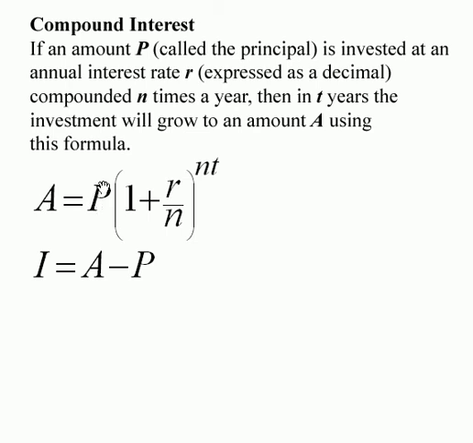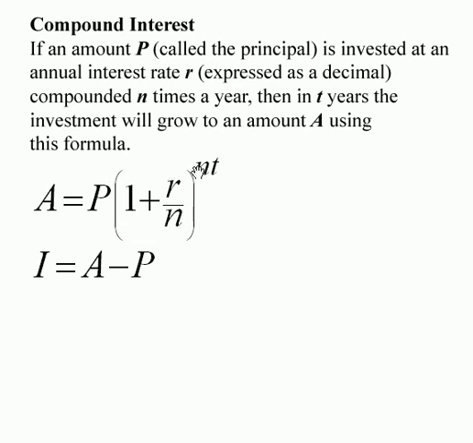A equals P times 1 plus R, the interest rate, divided by the number of times it's calculated, and all of that in the parentheses is raised to the nt power. Now, since this formula calculates the final amount, if you were interested in the interest, you would have to subtract the principal from your final amount to find out what the interest was.